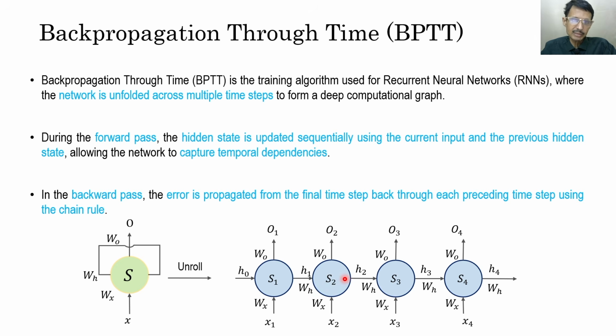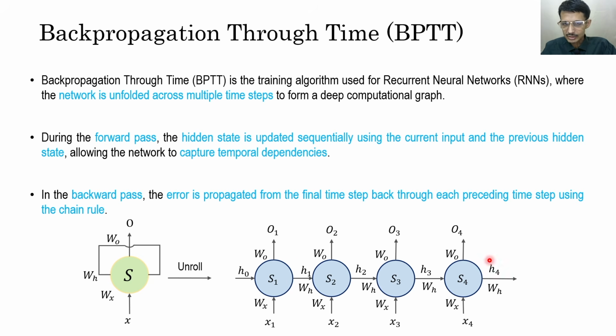Now this is what we have discussed before. In the BPTT training algorithm, or backpropagation through time algorithm, which is used for RNN, the network is unfolded across multiple time steps as we have discussed, and it forms a deep kind of computational graph. Now it has two paths.